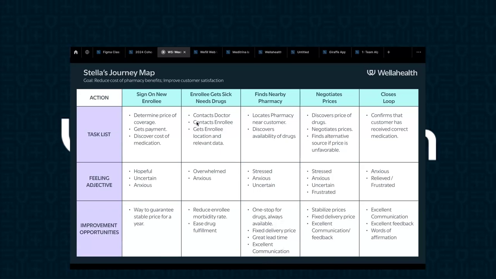created a product, because these are mostly chronic enrollees, right? We created a product that is going to make it such that Stella doesn't have to get the email in the first place. Stella doesn't have to get a call from the enrollee, because the enrollee doesn't get sick, right? So there is a product right now that we have, Meditrina.